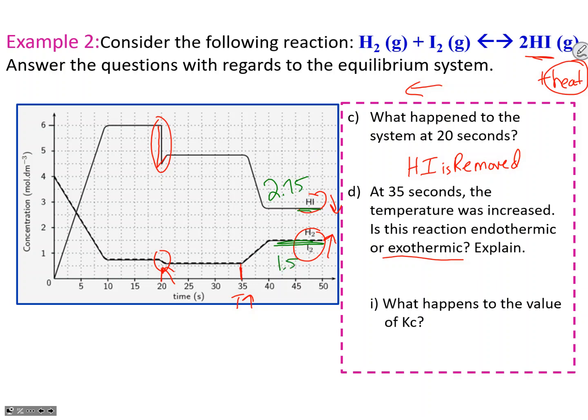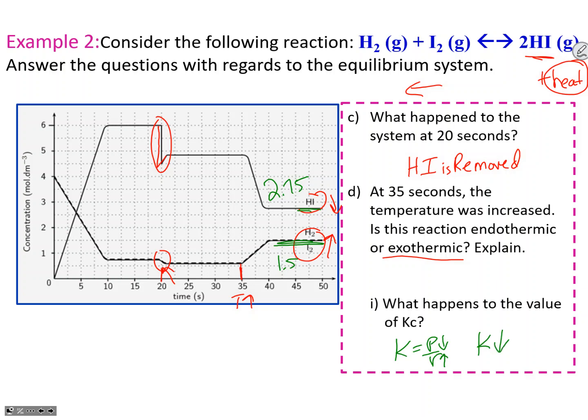You could recalculate it, but you will notice that your K number is now lower, smaller. Or you could just do this as well, noticing that the products are going down, the reactants are going up. Dividing a smaller number by a larger number is now going to make K smaller.